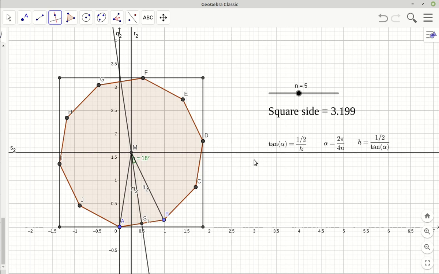And this is the key to solving this problem.